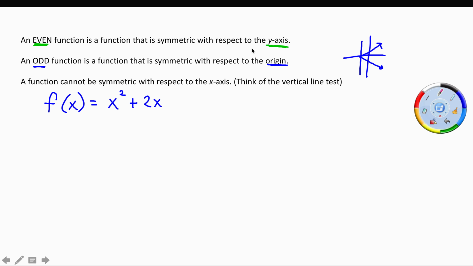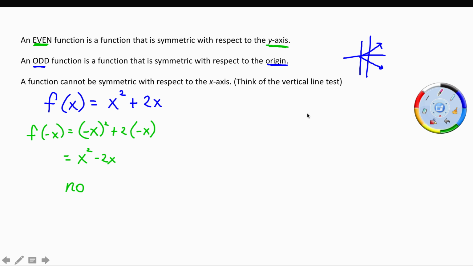That means I'm going to replace x with negative x. So f of negative x is negative x squared plus 2 times negative x, or x squared minus 2x. Is this identical to this? Then no, it's not even.